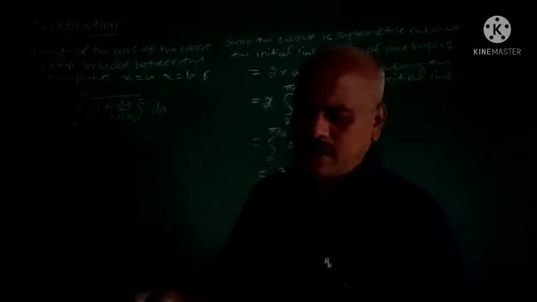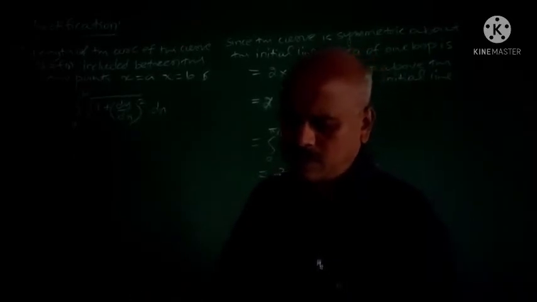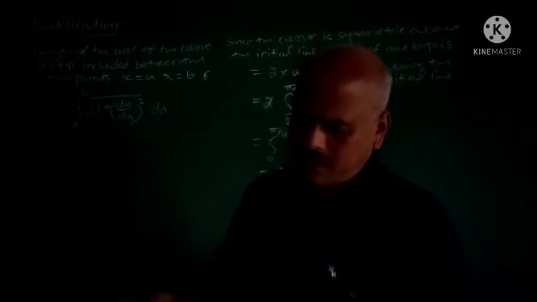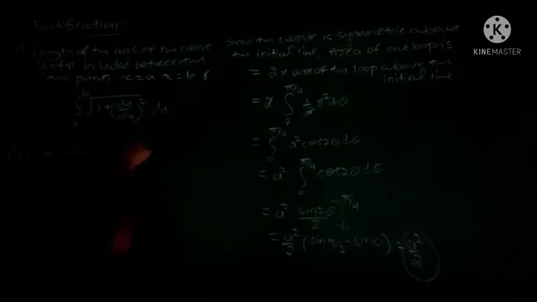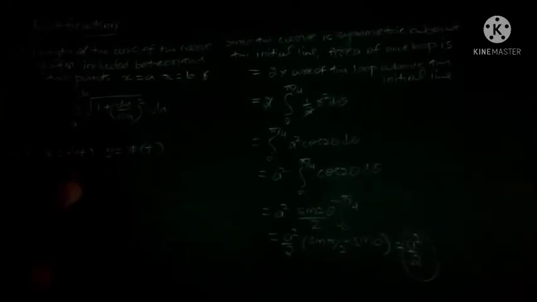Second formula, for parametric curves. Length of the arc of the curve whose equation is given by x is equal to f(t), y is equal to phi(t), between two points whose parameters are t1, t2.